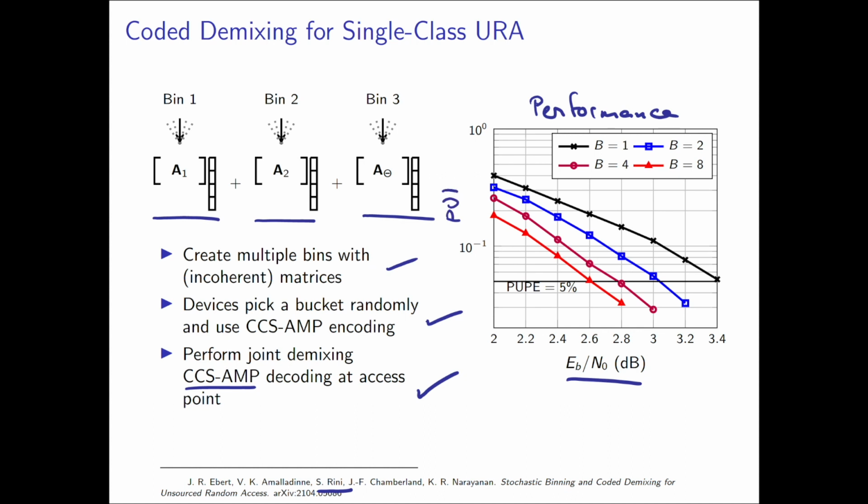The horizontal black line is our typical target of 5%. For 64 active devices, we can gain nearly 1 dB by going to 8 buckets. That's very encouraging. Again, this is an instance where there's a natural trade-off between performance and computational complexity.